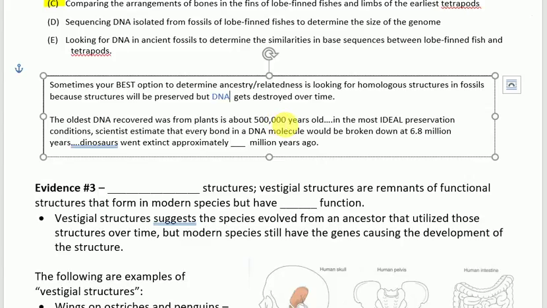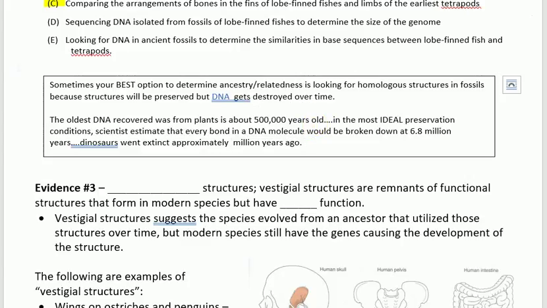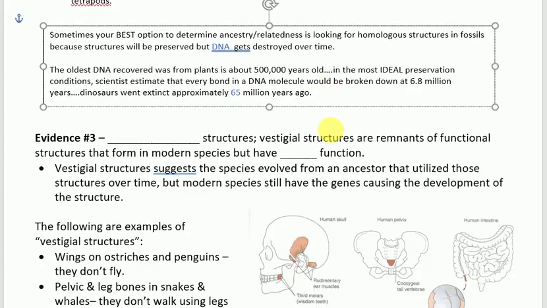And in the most ideal preservation conditions, scientists estimate that every bond in a DNA molecule would be broken down at 6.8 million years. So that sounds like a long time, but you need to keep in mind that dinosaurs went extinct approximately 65 million years ago. So you can see why DNA is not ideal.